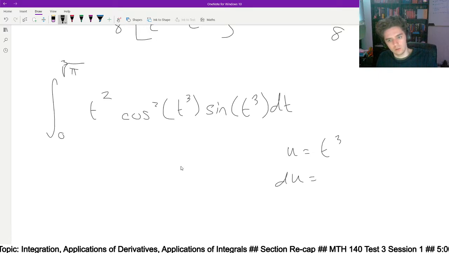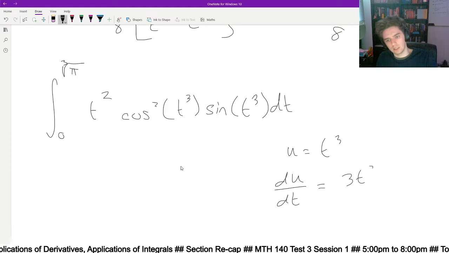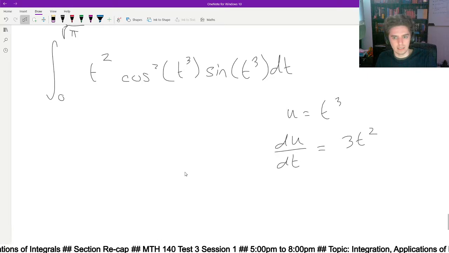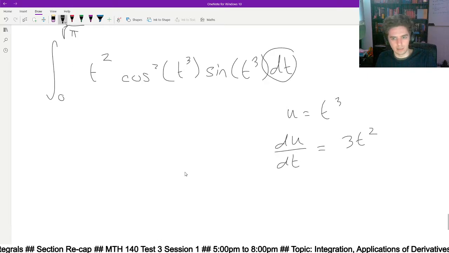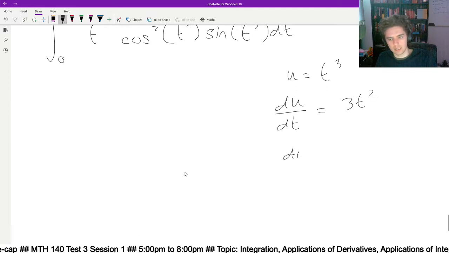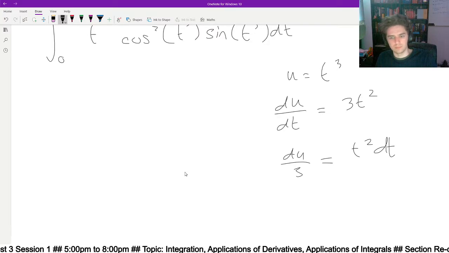So du by dt is 3t squared. Well, luckily, t squared is here, right? So I want to get t squared dt. That's what I want because those things are together there, right? So I can just say du over 3 equals t squared dt.